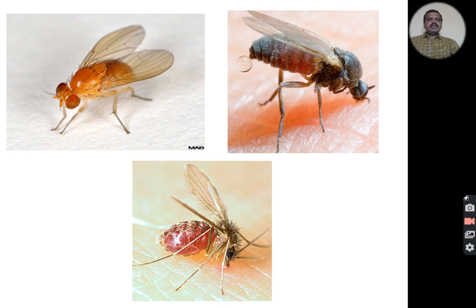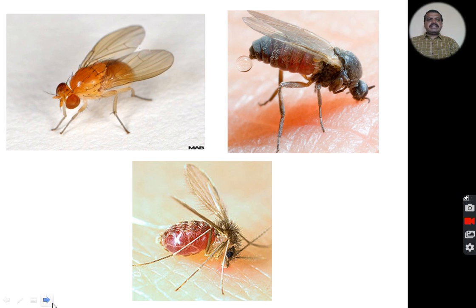They have a pair of wings attached to the thoracic region, and another pair of wings, otherwise called halters, attached to the metathoracic region. These halters play a very important role in maintaining body balance during flight.